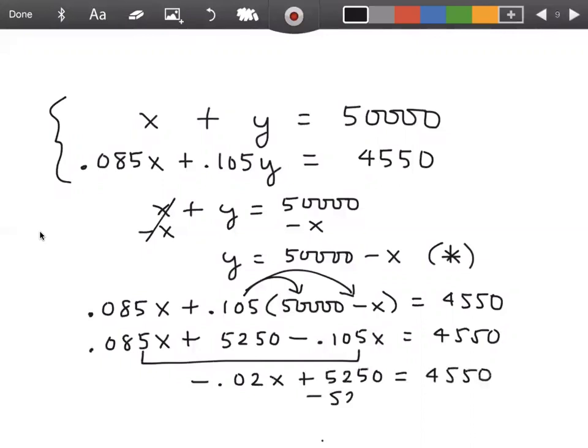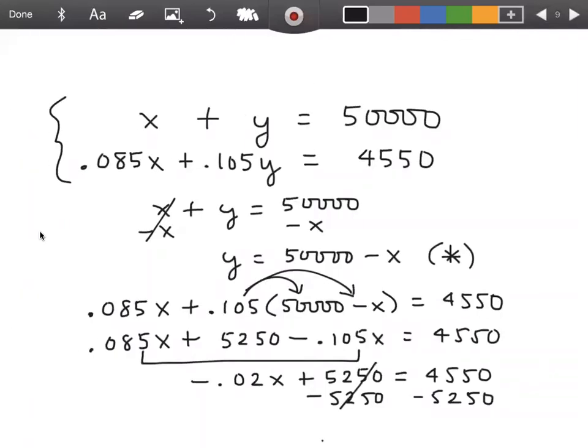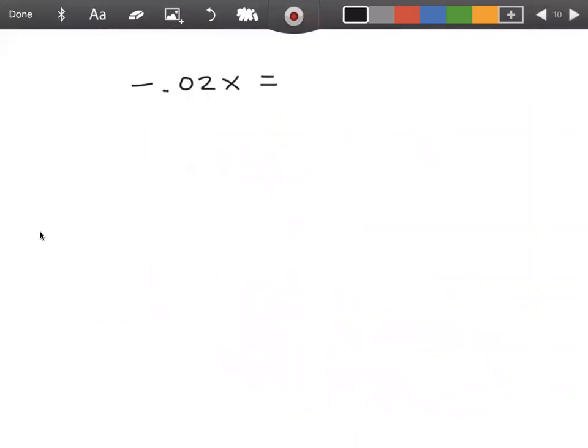I'm going to subtract 5,250 from both sides. Continue this on the next page. So we're going to have negative 0.02X equals 4,550 minus 5,250, which is negative 700.